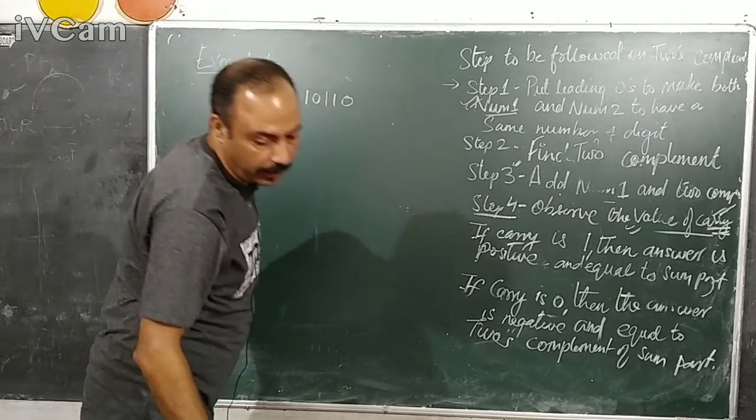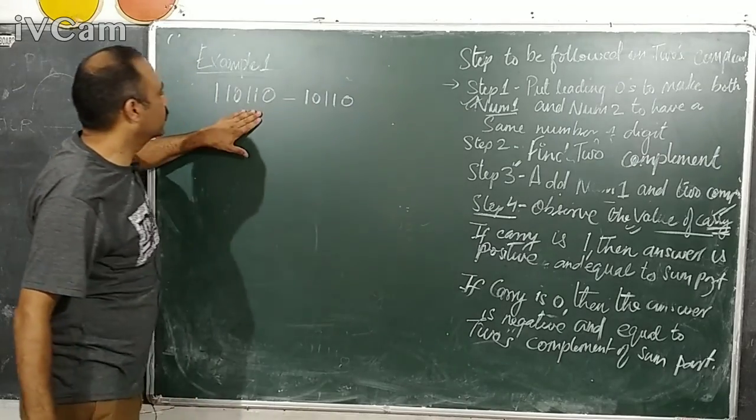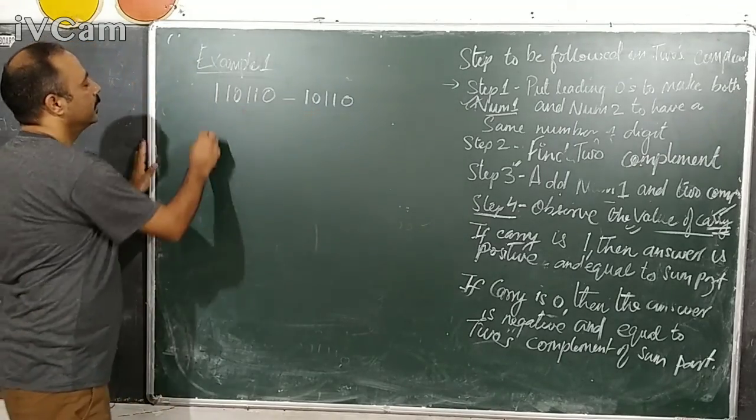So the digit counts are not the same. One has 6 digits, the other has fewer, so we need to make them equal.